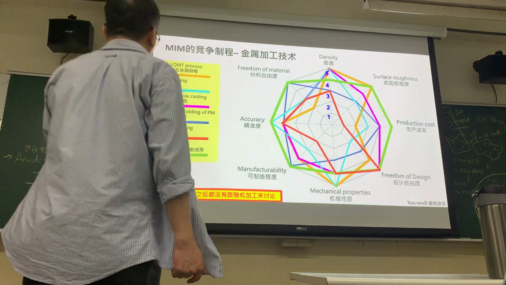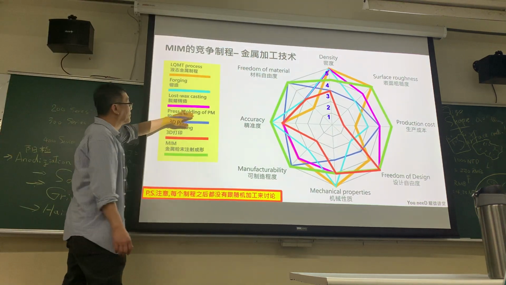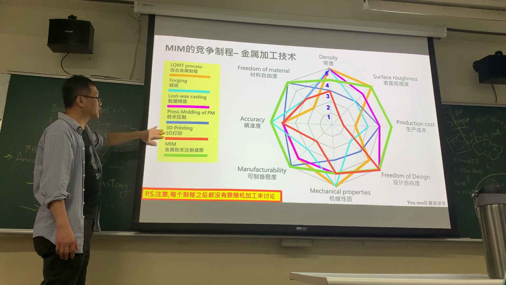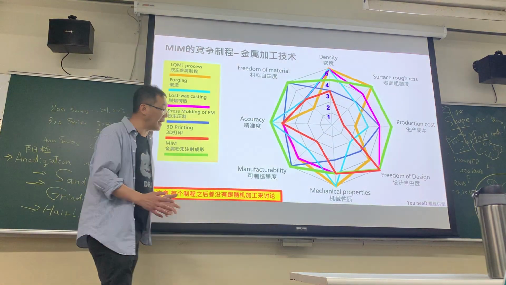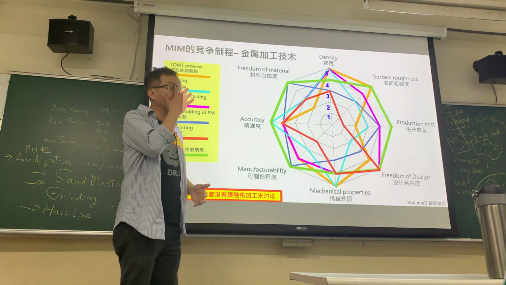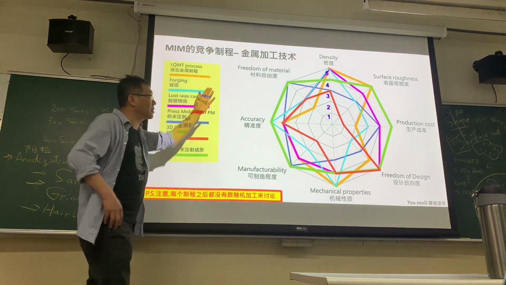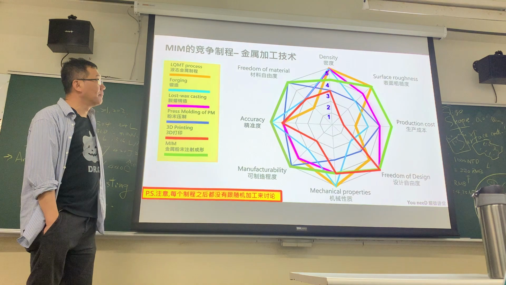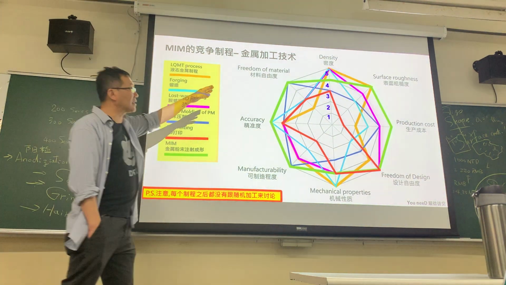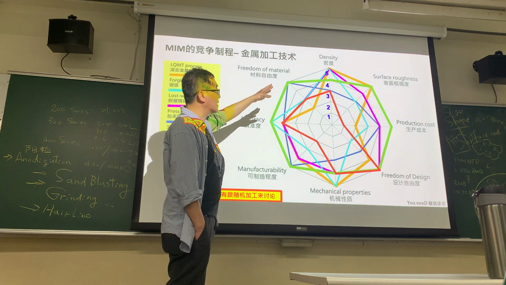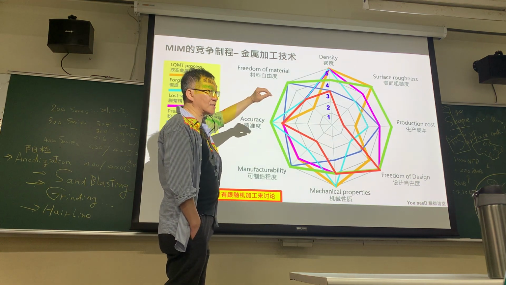Okay, the other one is PM, pressure molding, and then 3D printing. This is MIM. So we compare the features. The first one is density: which one is much better for density? The other is better for density because the layer is outside square, the inside square.